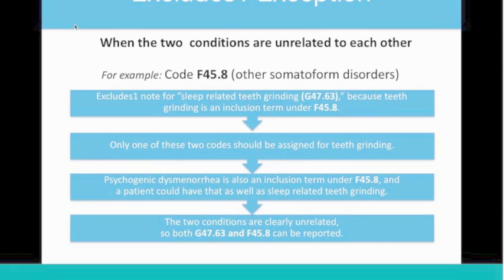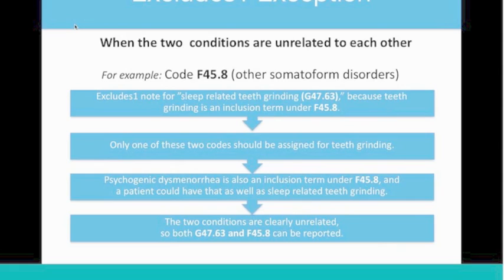An example of this would be code F45.8, other somatoform disorders. It has an Excludes1 note for sleep-related teeth grinding, which is code G47.63. Because the teeth grinding is an inclusion term under F45.8, only one of these two codes should be assigned for teeth grinding.